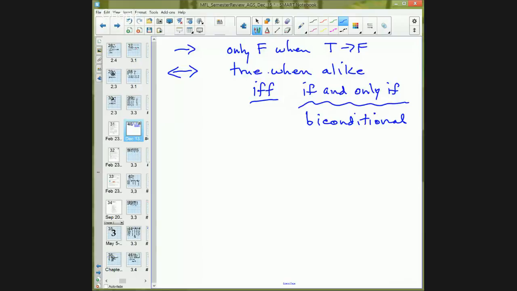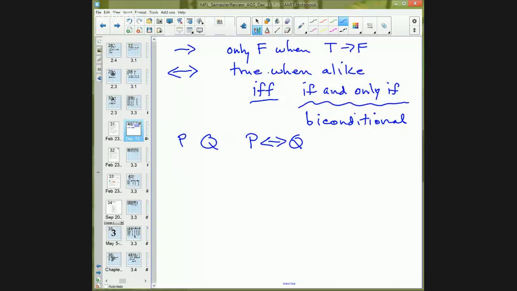So if I might say, all right, what is P if and only if Q? You would say, all right, I got to make a truth table, and I need a P, a Q, and this column.